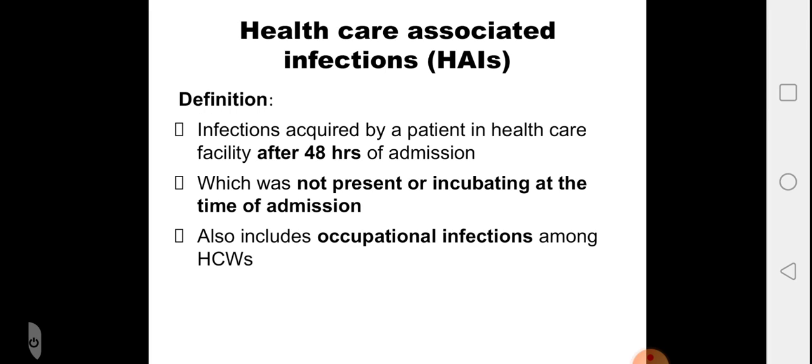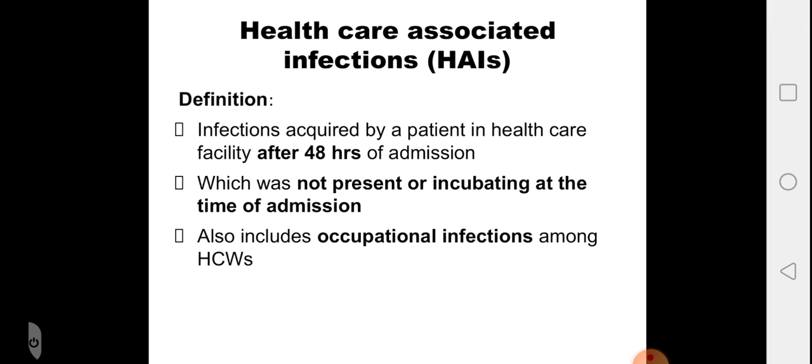Looking into the definition, infections acquired by a patient in a healthcare facility after 48 hours of admission and which was not present or incubating at the time of admission, and which also includes occupational infections among healthcare workers, are known as healthcare associated infections. So this infection occurs in a healthcare facility.